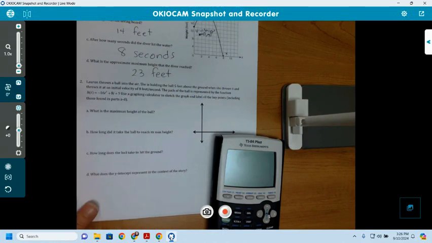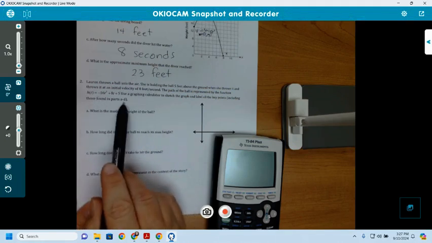The path of the ball is represented by the function h of t equals minus 16t squared plus 8t plus 5. Use a graphing calculator to sketch the graph and label all the key points, including those found in parts A through D.